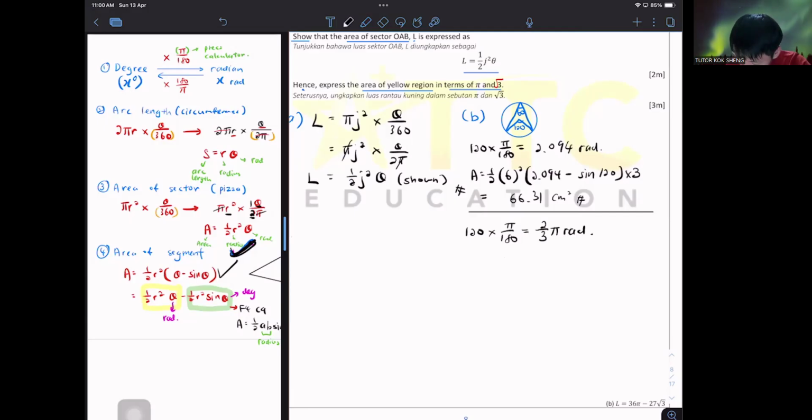Okay, and then for your area here, the working is still the same, but only one part you have to be careful. The sine 120. This one just substitute in again, everything as usual.